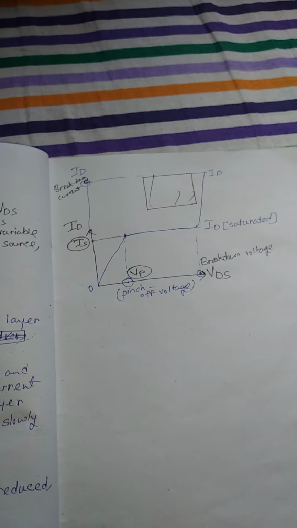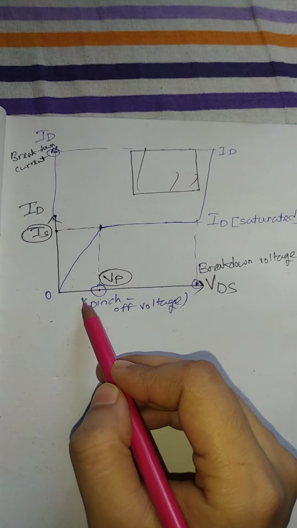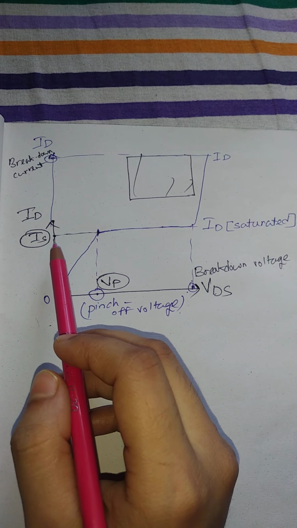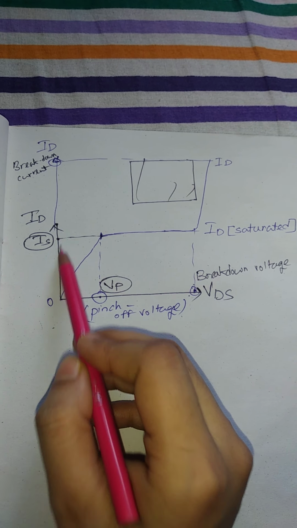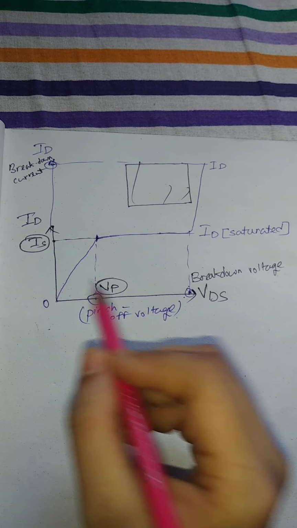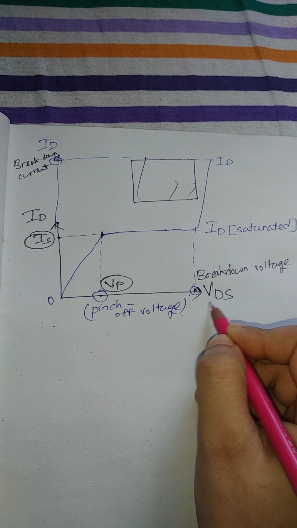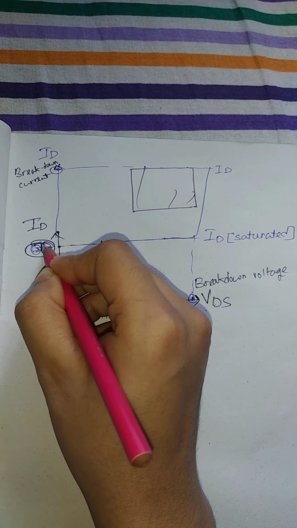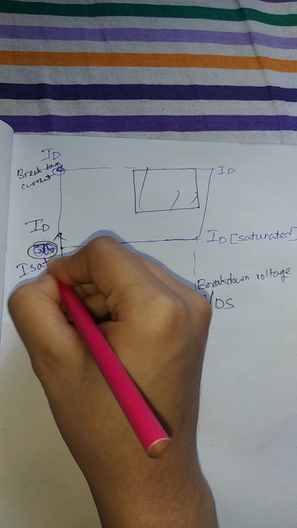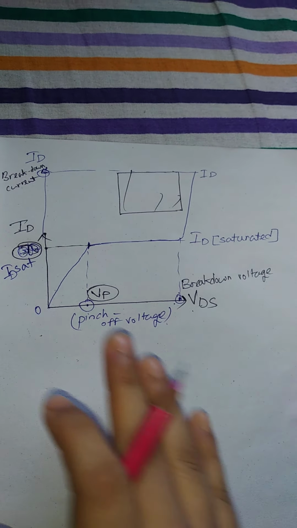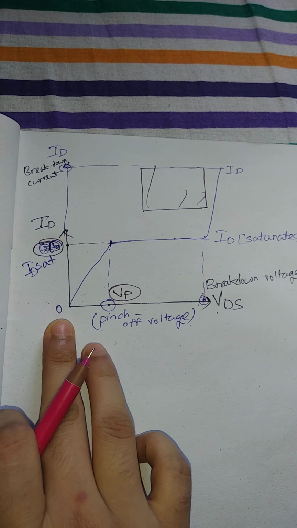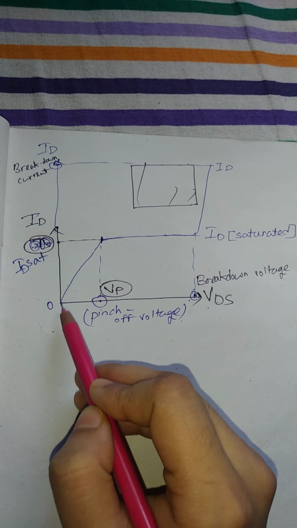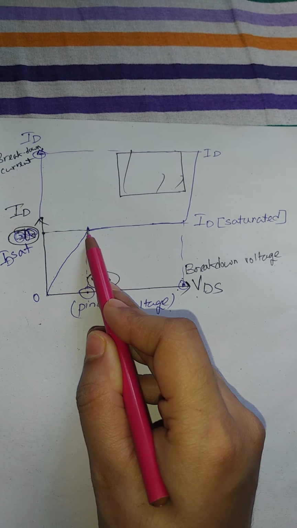So this is the output characteristics. This axis represents ID, and this axis represents VDS. At that situation, when voltage is 0, no current will flow. But when voltage is increased, the current will increase, as I said before.